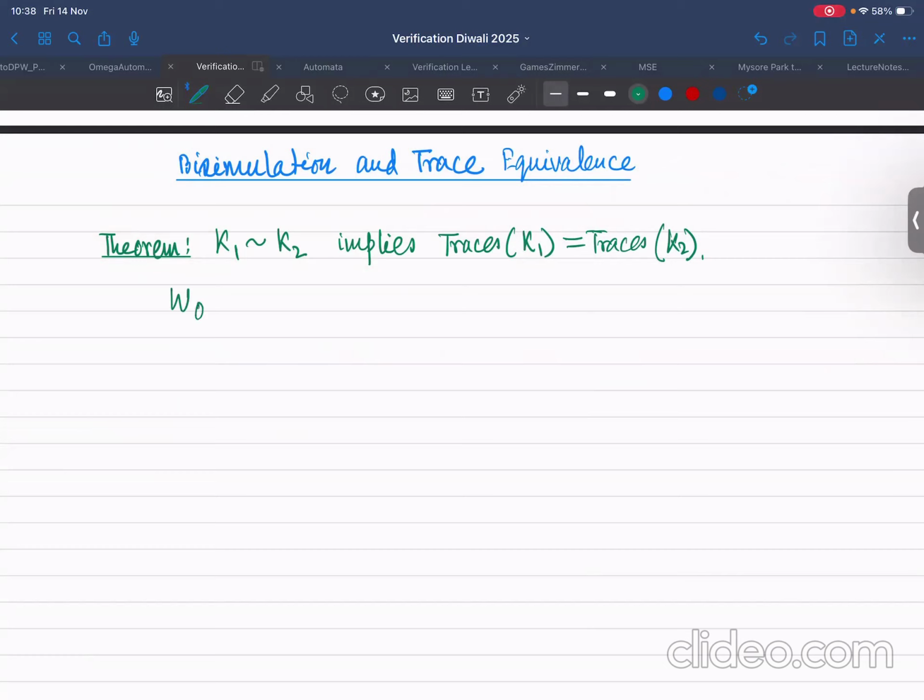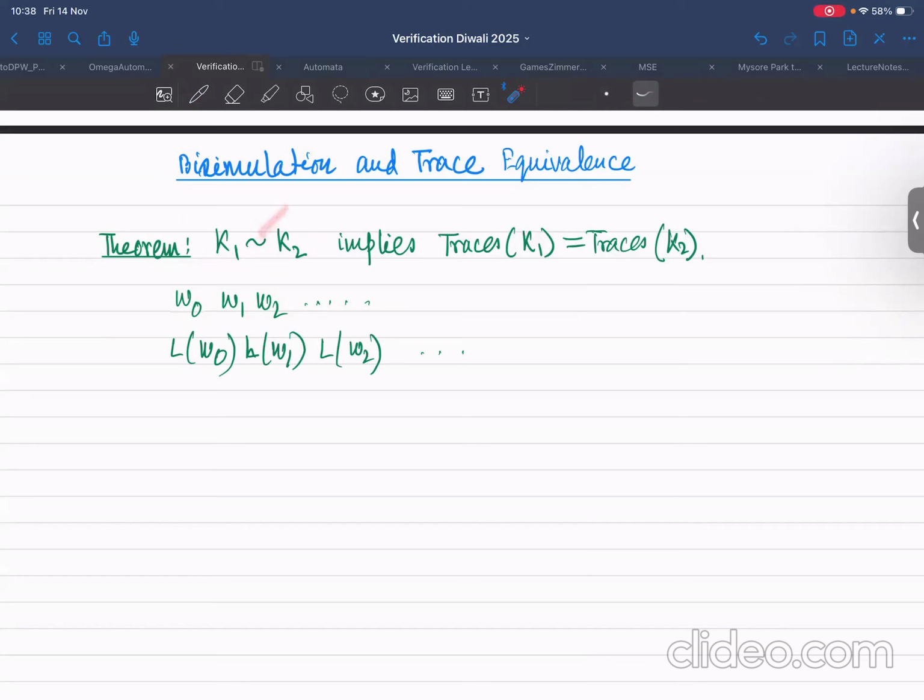An infinite run will look like W0, W1, W2, and so on. A trace corresponding to this run is essentially L of W0, L of W1, L of W2, like this.